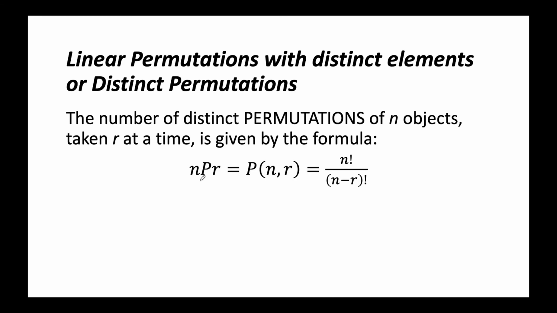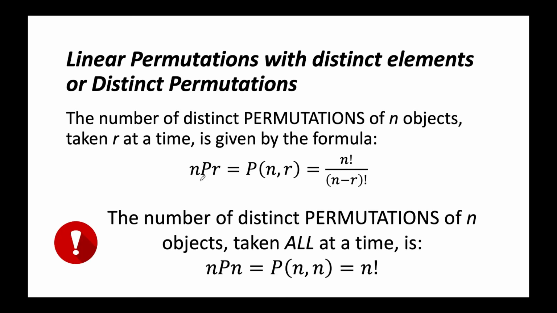How do linear permutations with distinct elements, or distinct permutations, work? The number of distinct permutations of n objects taken r at a time is given by the formula nPr, which is equal to n factorial all over the quantity n minus r factorial.